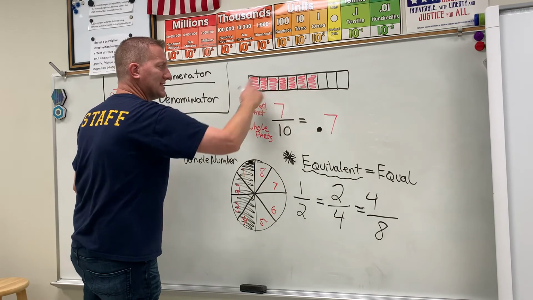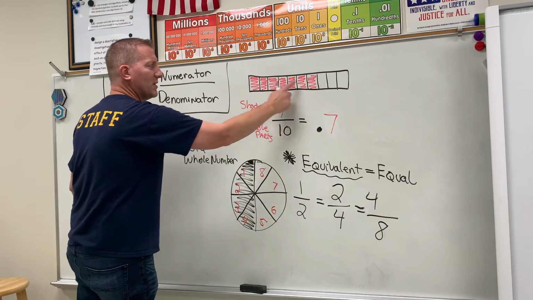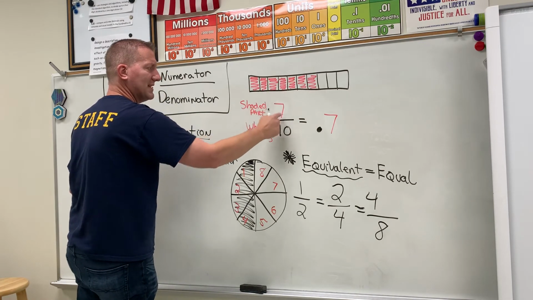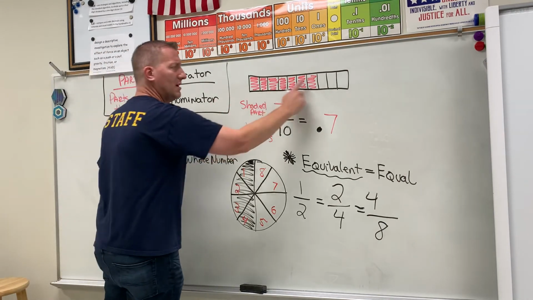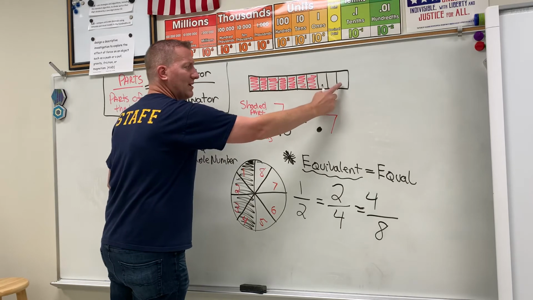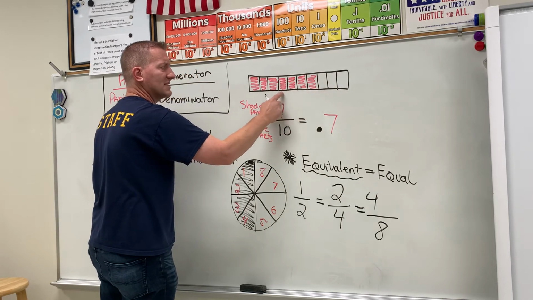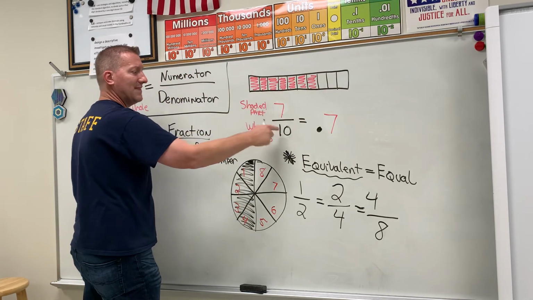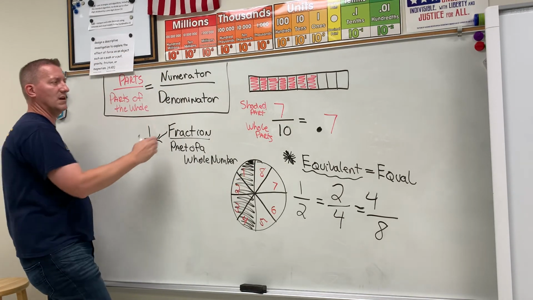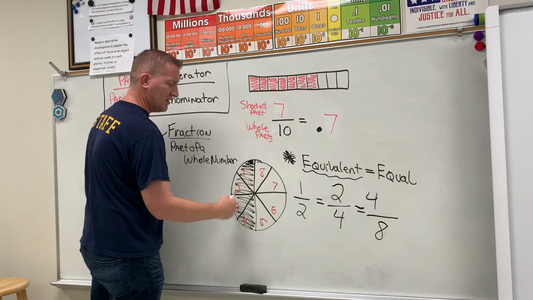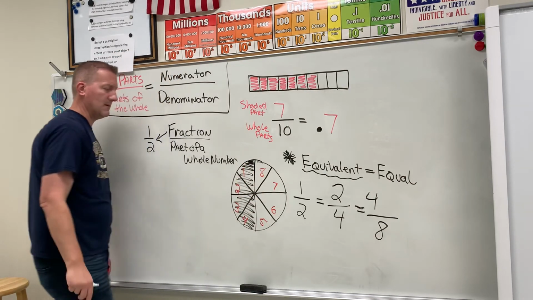So in this example right here, this red part is the numerator, that's the 7. The parts in the whole thing, 1, 2, 3, 4, 5, 6, 7, 8, 9, 10, that's the denominator. The parts of the whole.